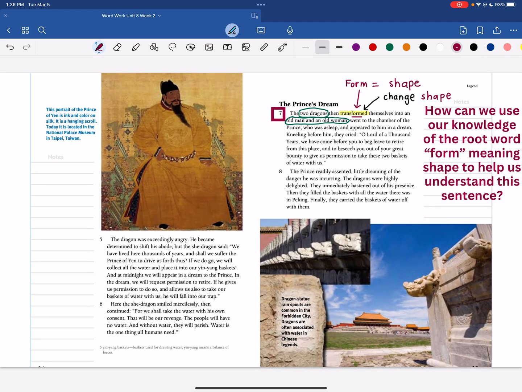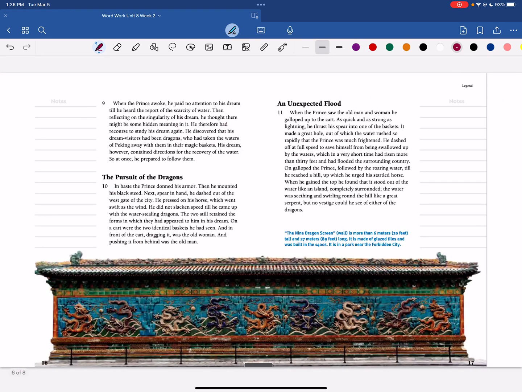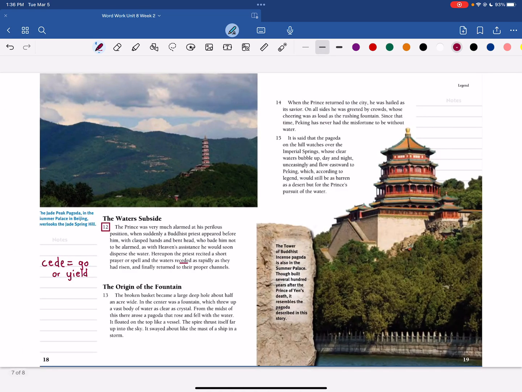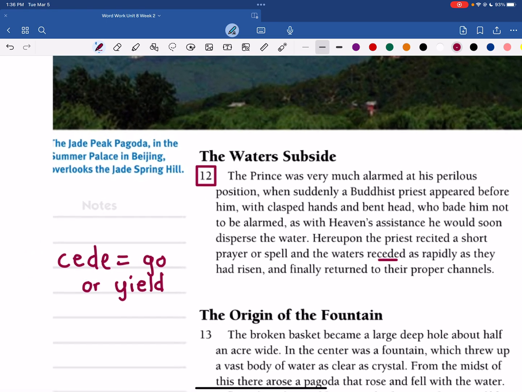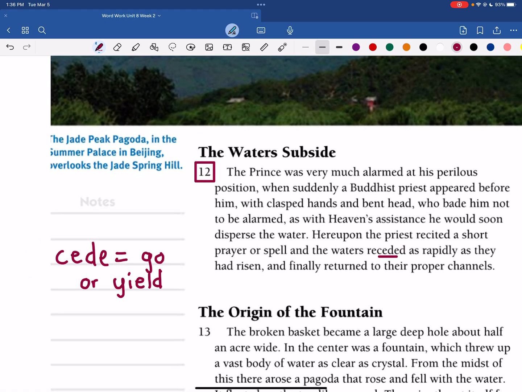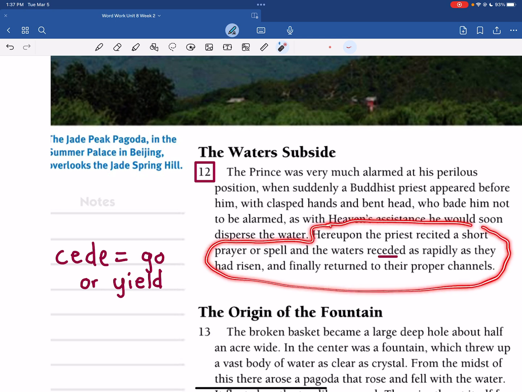Alrighty. Now our last root word example is on the next page. So I'm going to skip ahead to the paragraph that has that. I'm going to zoom in to paragraph 12, page 18. And we see another example of a root word we have not discussed yet in the very last sentence of paragraph 12.